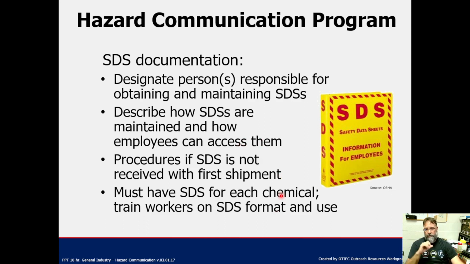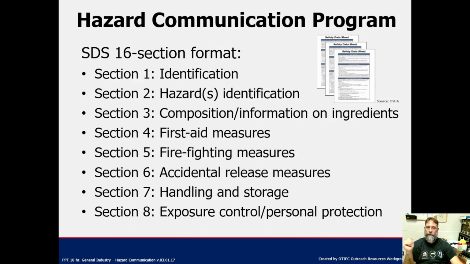We've had to go to Grainger's website and find SDSs for chemicals that we've had in the shop: bluing remover, acetone, rubbing alcohol, denatured alcohol, our coolants, the machine oils, all of that stuff. And like I said, we have to have the SDS for each single chemical.